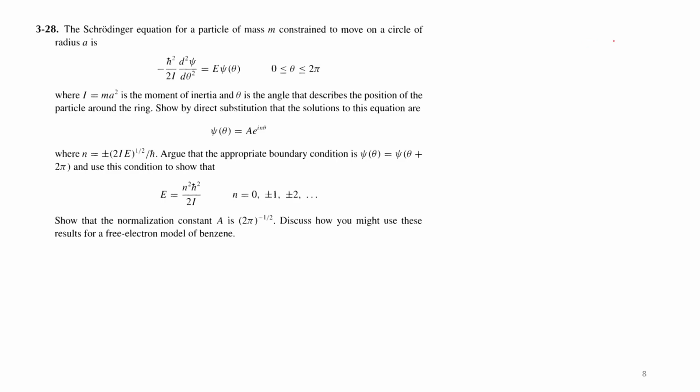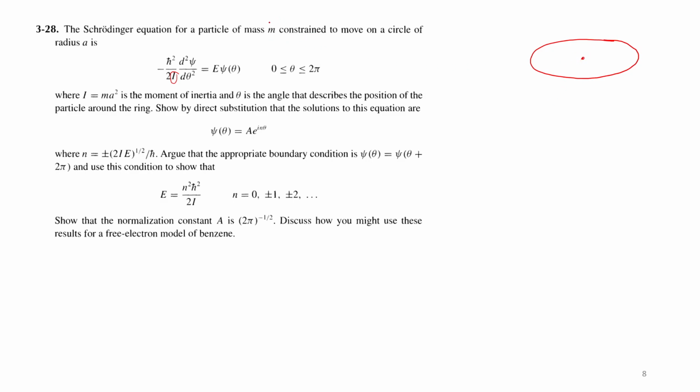That means this is your ring or circle where your particle is moving along, with one center. And why instead of mass they have chosen I, I hope you have already seen the lectures on the rigid rotor. When we are considering circular motions, the moment of inertia takes the place of mass.